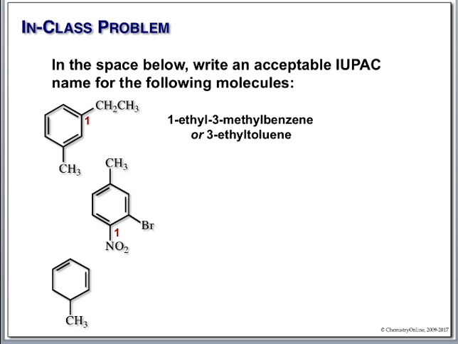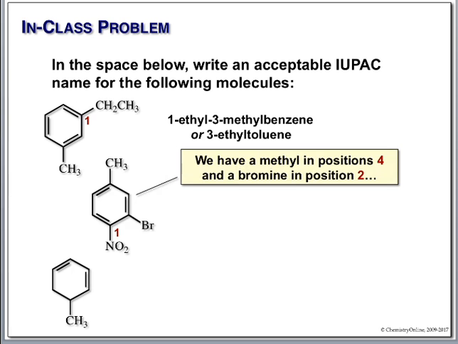Once you've done that, you just need to figure out what you've got and then assemble your name. We're going to have a bromine here in carbon 2, a methyl group in carbon 4, and a nitro in carbon 1. We will assemble the name alphabetically. So the first is going to be our bromine, then our methyl, and then our nitro.